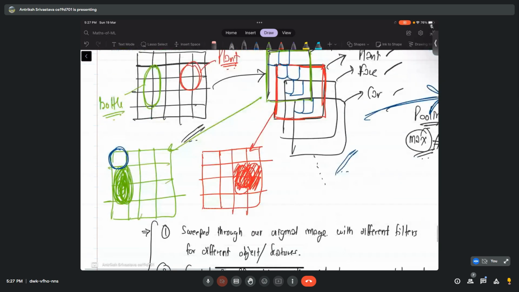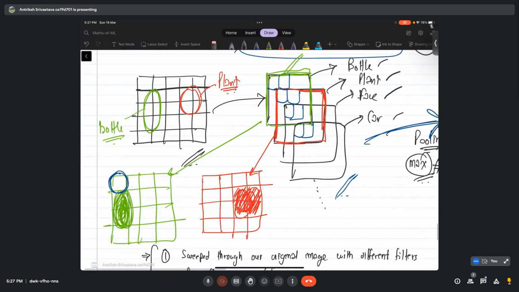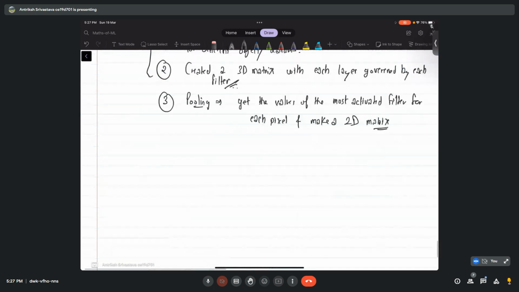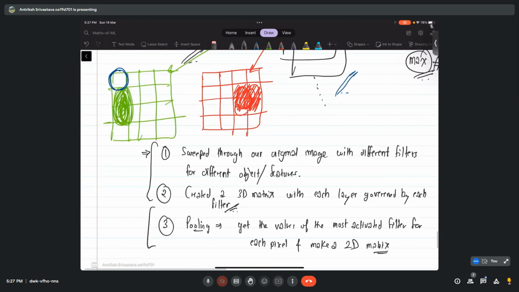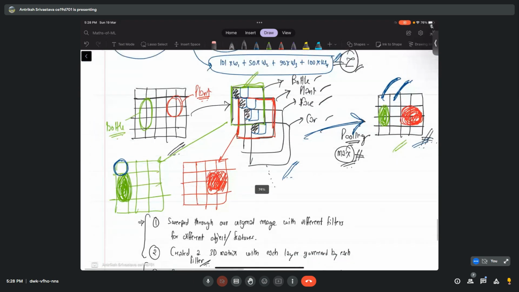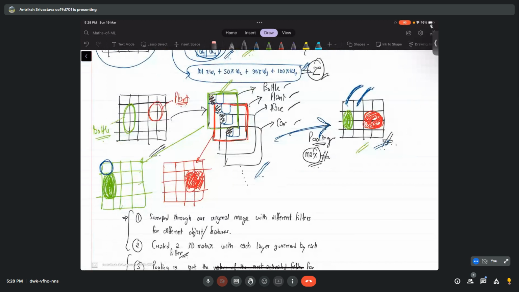So for each pixel you get the maximum value and make a 2D matrix out of that. So this is what one convolution did. Now, is that clear till here? What we basically wanted to do, what we have basically done, because after that it's very simple.